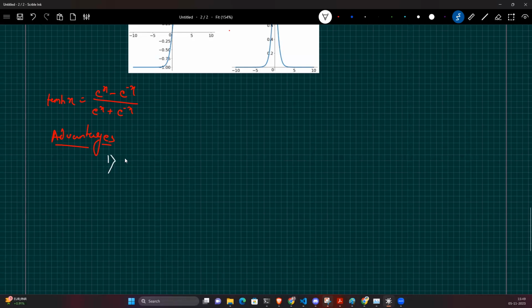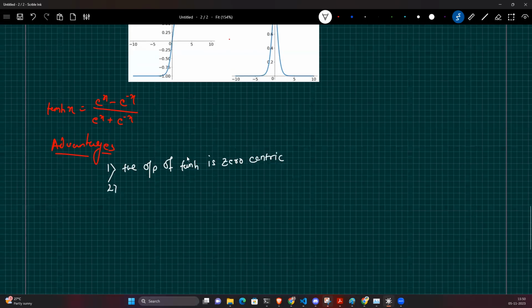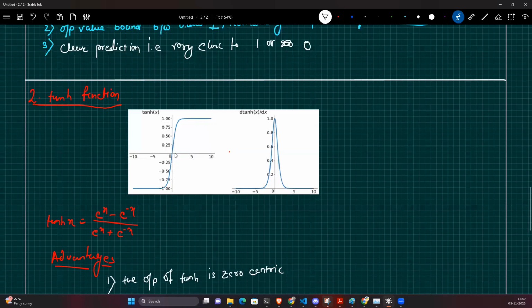So the advantage is what? The output of tanh is zero-centric. Why is it an advantage? Zero-centric means the output is very balanced.